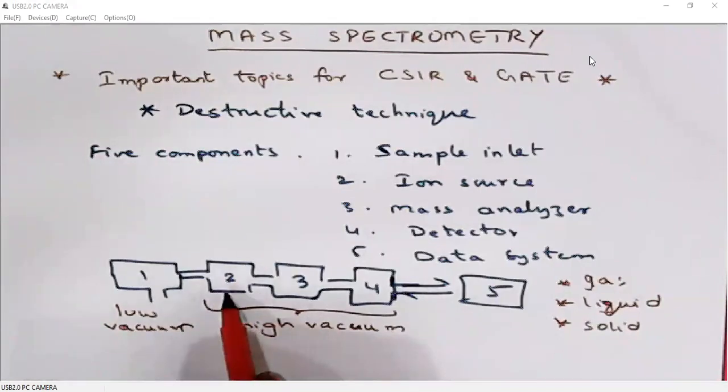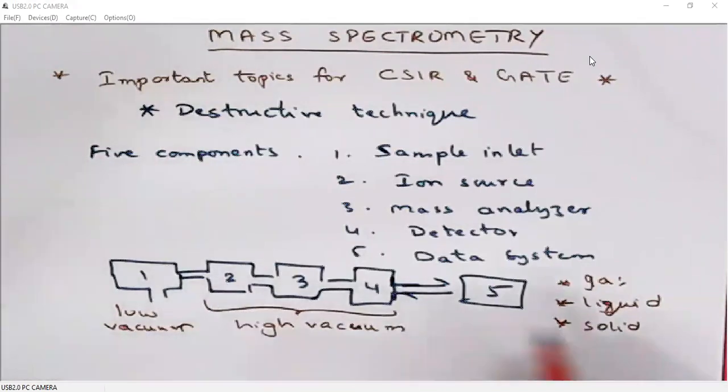That means it is made into ions. So it is always better to use low volatile samples. Of course, highly volatile samples can also be analyzed, but a sensitive mass instrument will always give trouble when we use highly volatile compounds. So it is always suggested to use samples having low boiling points.